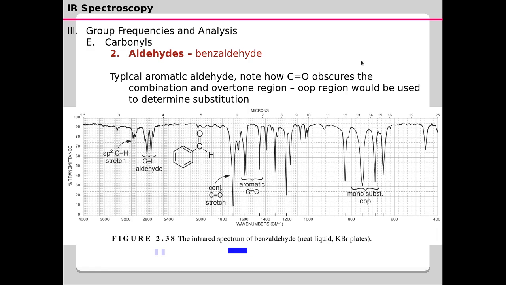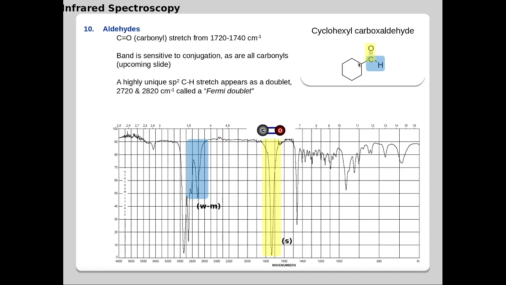And this one is a spectrum of benzaldehyde. From the spectrum it is apparent that the carbonyl band comes at around 1700 cm⁻¹. If you consider the carbonyl band connected to the cyclohexane ring, it was at around 1720 cm⁻¹.